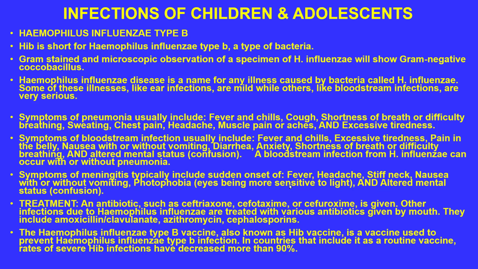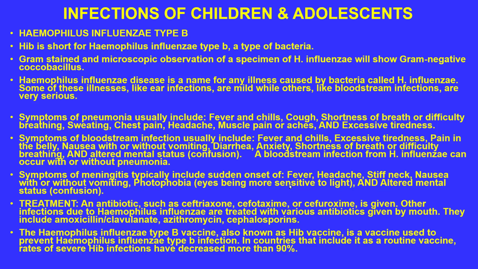Now, Haemophilus influenzae disease is a name for any illness caused by this bacteria. Some of these illnesses, like ear infections, are mild, while others, like bloodstream infections, are very serious. Symptoms of pneumonia include fever, chills, cough, shortness of breath and difficulty breathing, sweating, chest pain, headache, muscle pain or aches, and excessive tiredness.